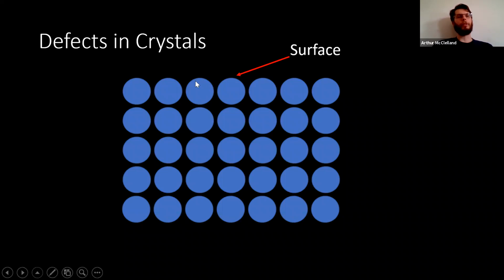You often get surface rearrangement as it tries to minimize the free energy of the system. So surface energy is something important to think about. And the surfaces are defects in the crystals, especially as we go to smaller and smaller objects, smaller and smaller samples. The surface area plays a larger and larger role.